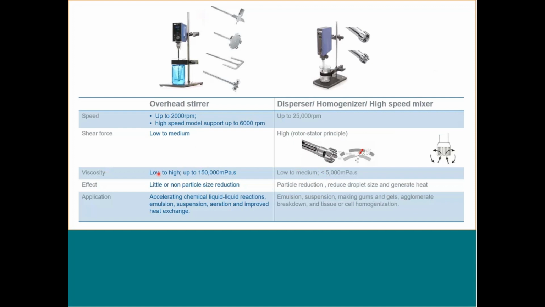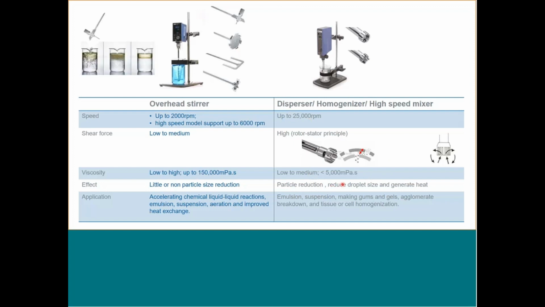And let's see the effect. By using an overhead stirrer, normally it will not reduce your particle size unless you are using the dissolver stirrer, which has this sharp tooth, which can slightly reduce your sample particle size. Okay, but when you're using a disperser, since it's using the rotor-stator principle, it will reduce your sample particle size and also reduce the droplet size.